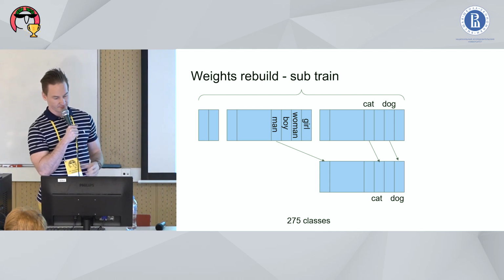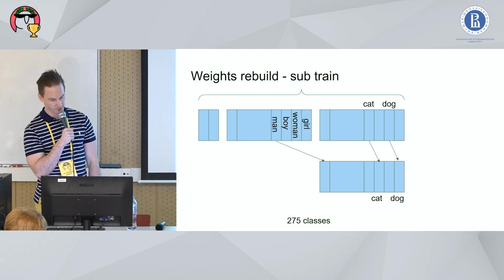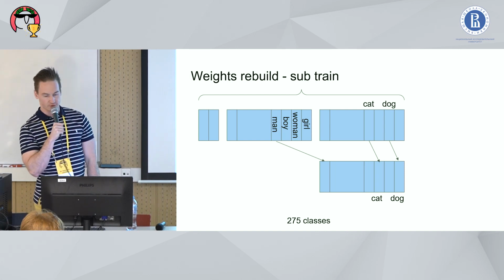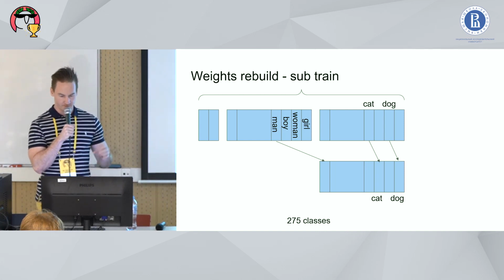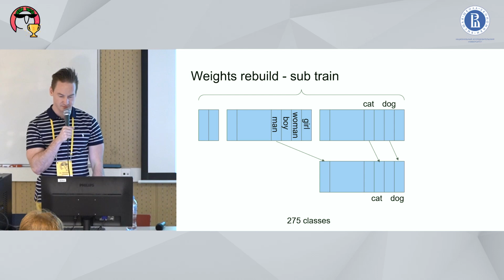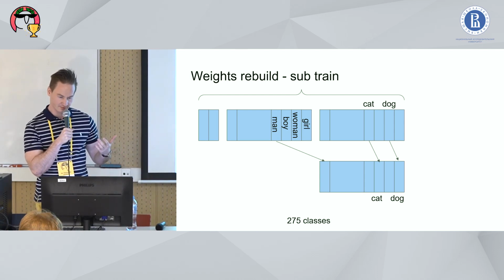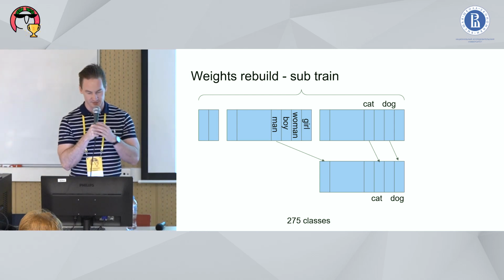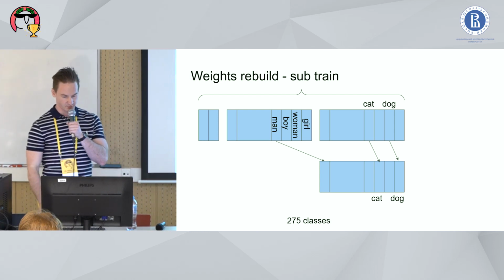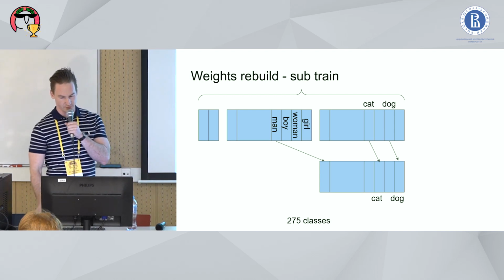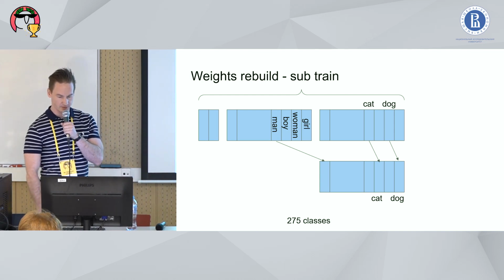For example, I have a full set of classes from the segmentation part, but I planned to take just 60 classes, a very small subset of these classes. So I just rebuild my final regression weights and classification weights for the new number of classes, copy-pasting the corresponding part of the fully connected layer.